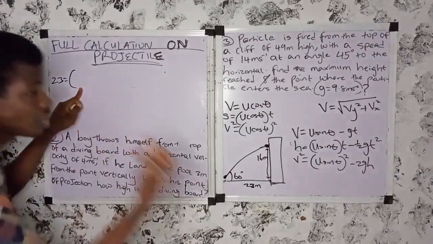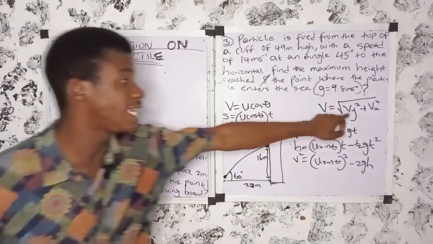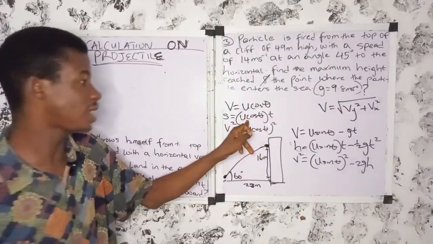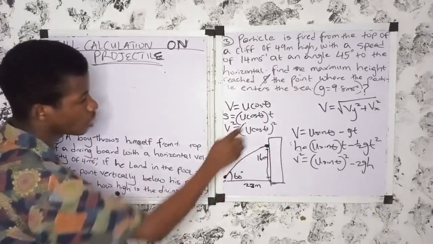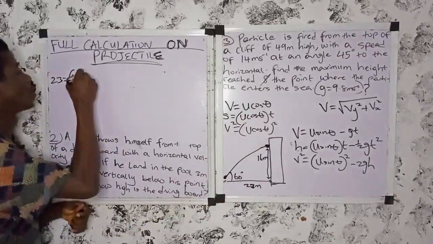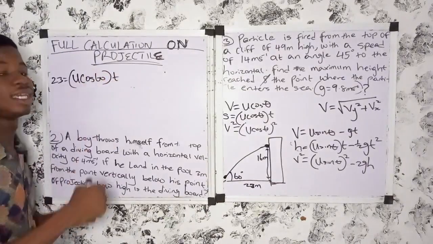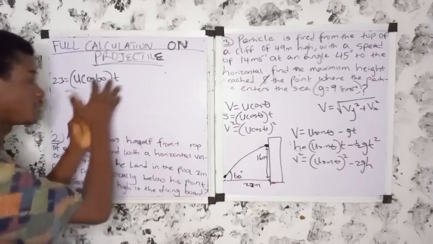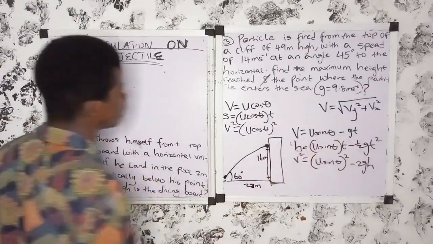Okay, so in the question, they didn't give us U. So in the process of getting these, we are going to look for U first. Okay, now let's continue. U, then cos 60, bracket close, then t. They didn't give us time as well, so we will still look for time. Then let's go to the other side, the vertical aspect.